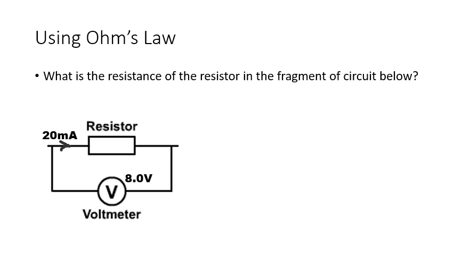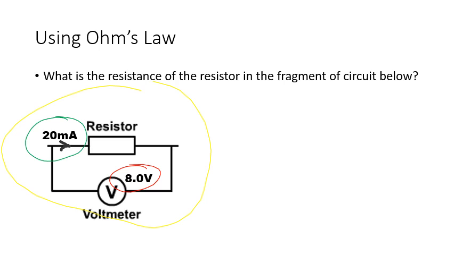So I've just drawn out a little tiny bit of a circuit here. I've shown that the voltage being measured across our resistor is 8 volts. And I haven't drawn in an ammeter. I usually don't. I've just drawn in an arrow to indicate where the current is flowing and said that the current is 20 mA. And of course, a small m means milliamps, thousandths of an amp.